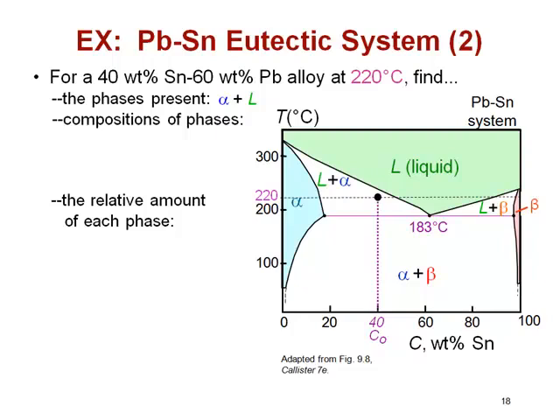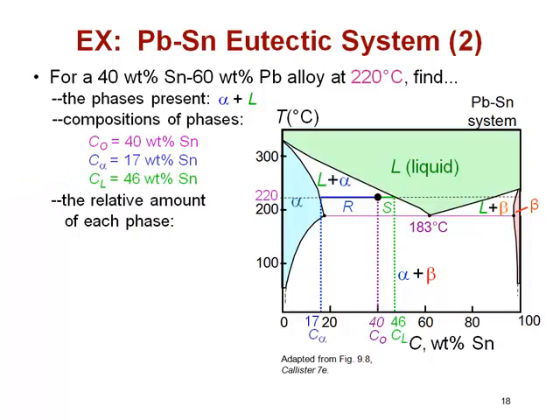Okay. Again, we've got to do it similar to the one that we did before. We've got to do the tie line here, giving us the composition of the alpha phase and that of the liquid phase. The composition of the liquid phase would be 46, and the solid phase 17%.